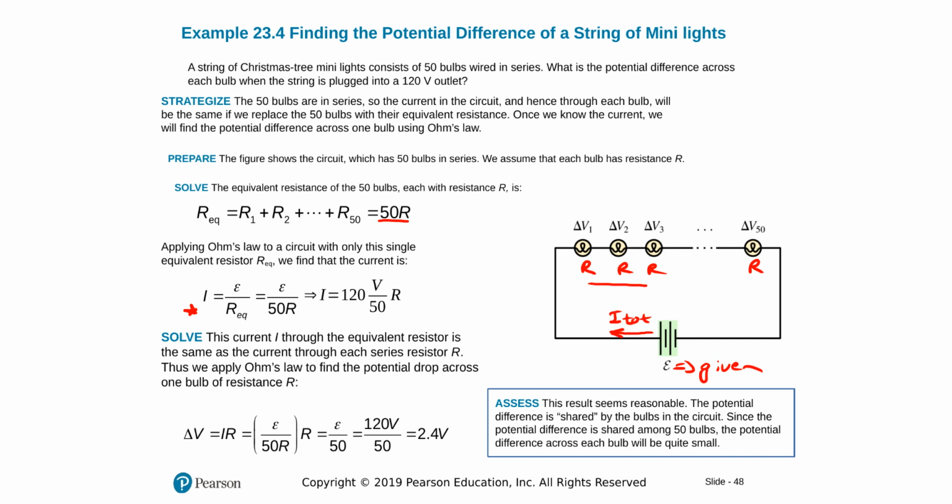It passes through everyone. That's what we do with the Christmas lights. So I total is equal to delta V total over R equivalent. That's what we use here. R equivalent is this, and epsilon is 120 volt. We use that to find what the current is.